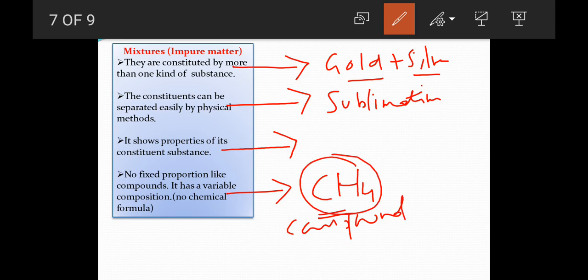Let's say when I say salt solution, you cannot write a formula of salt solution, you cannot write a formula of sugar solution. They are mixtures. You have variable composition of water and salt. So the main difference between substances and mixtures is clear to you.